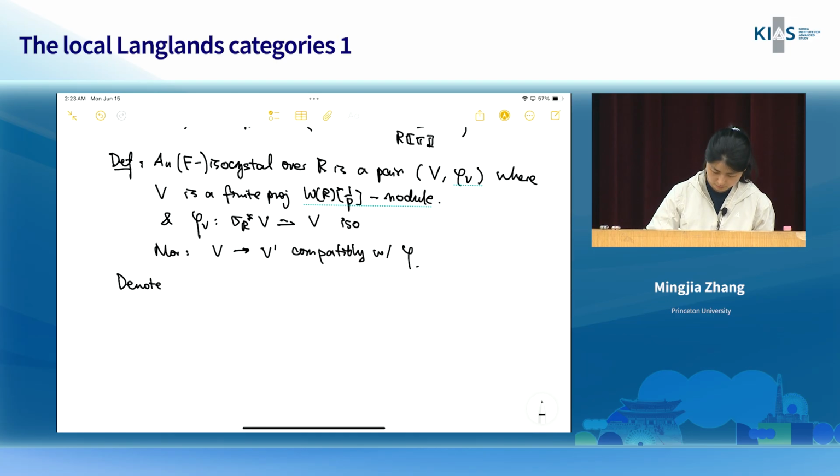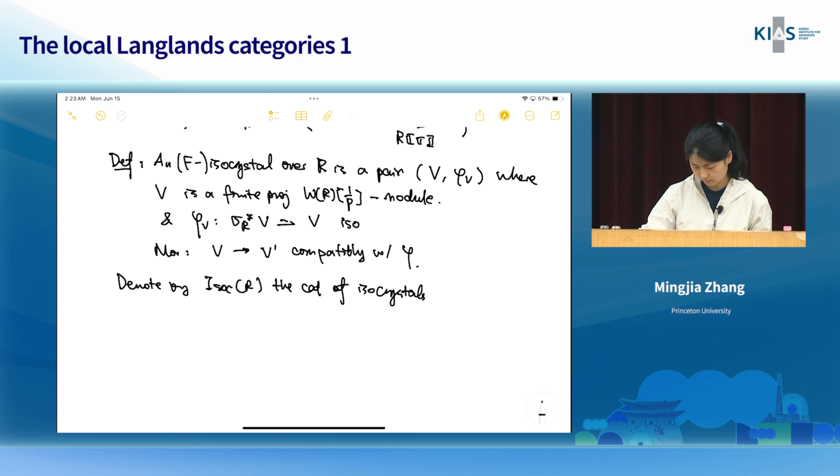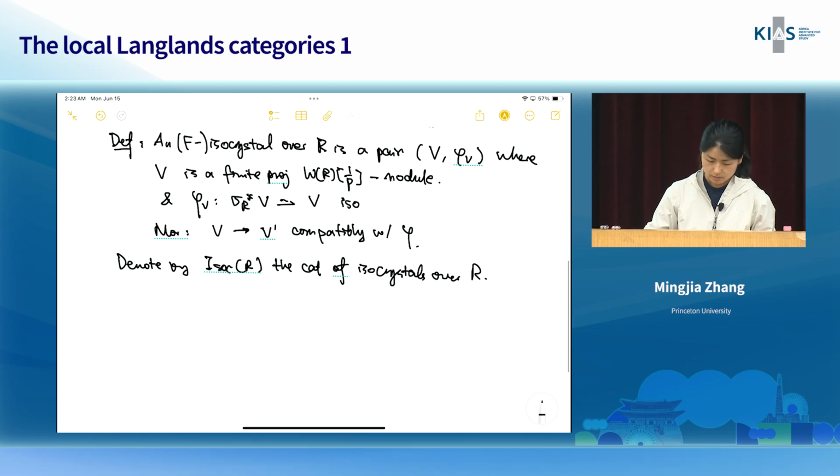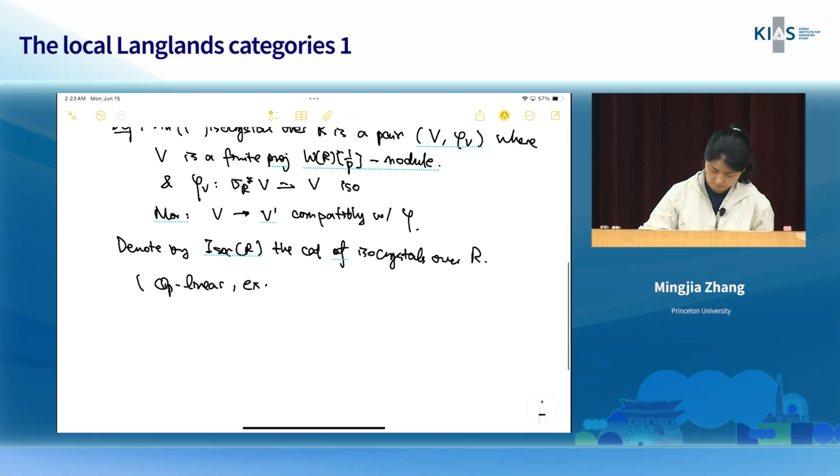So we'll denote by Isoc(R) the category of isocrystals over R. And because later we're going to use some Tannakian formalism, let me say that this is a Q_p-linear exact tensor category, and it's idempotent complete.